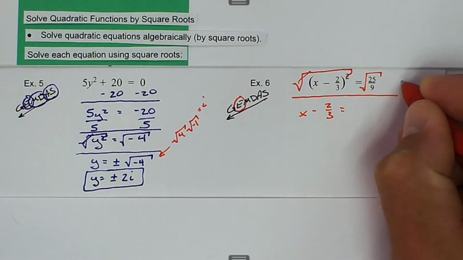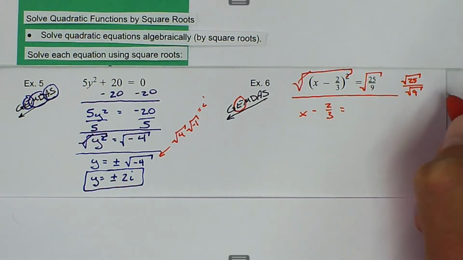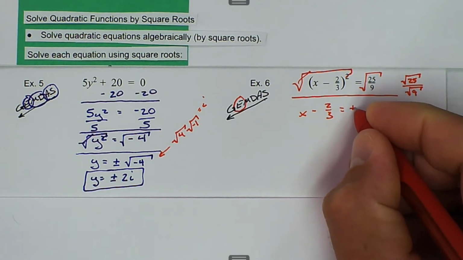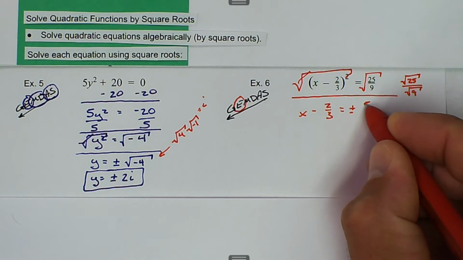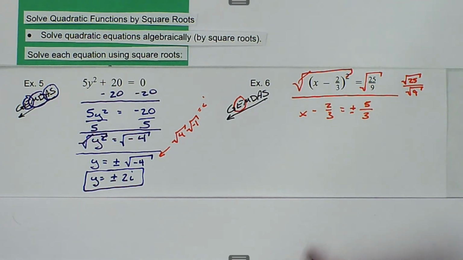And over here, we can rewrite this as the square root of 25 over the square root of 9. Anytime we take the square root when solving, we have to do plus or minus. And the square root of 25 is 5. And the square root of 9 is 3.